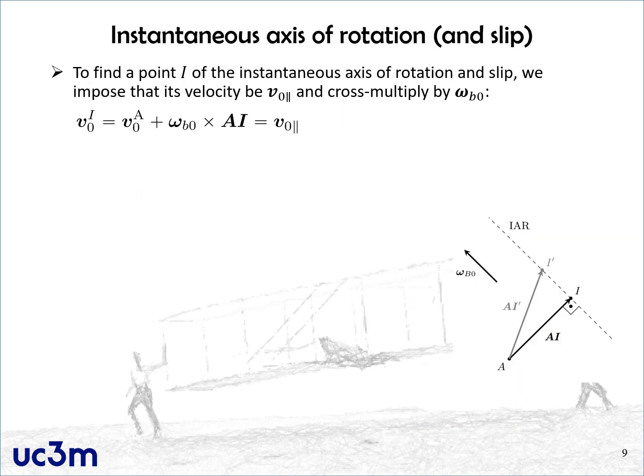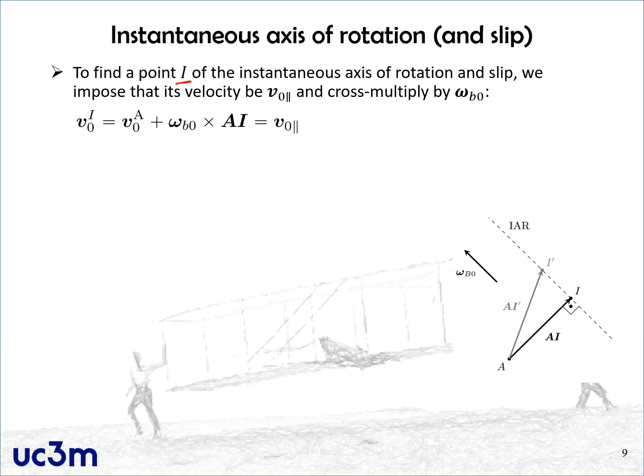So let us look at how we can locate this instantaneous axis of rotation and slip in space. In order to do that, we are going to use again the equation of the velocity field of the rigid body. We are going to find the point I that belongs to the instantaneous axis of rotation and slip.